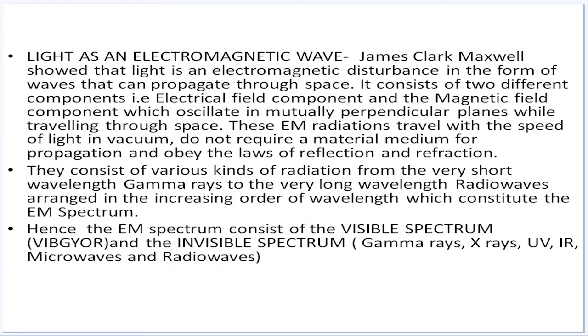Okay, now next, when you have studied about spectrum, let's come to what is an electromagnetic spectrum. We all know that light has dual nature, that is, light has particle property as well as wave property.